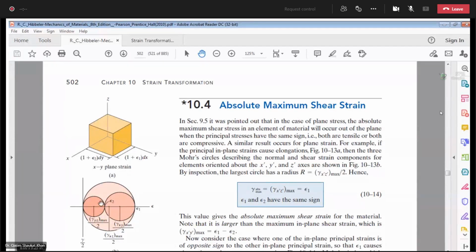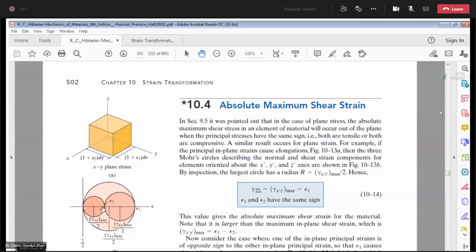First we are going to draw the Mohr circle due to epsilon 2. On the z-axis the principal strain is 0, so only along the y-axis you have the positive principal strain. So you will get this smaller Mohr circle, this one.